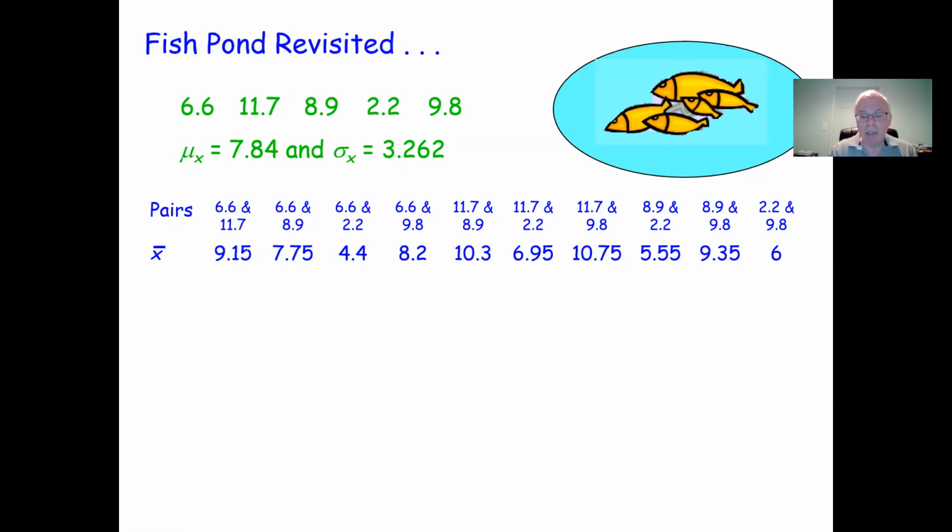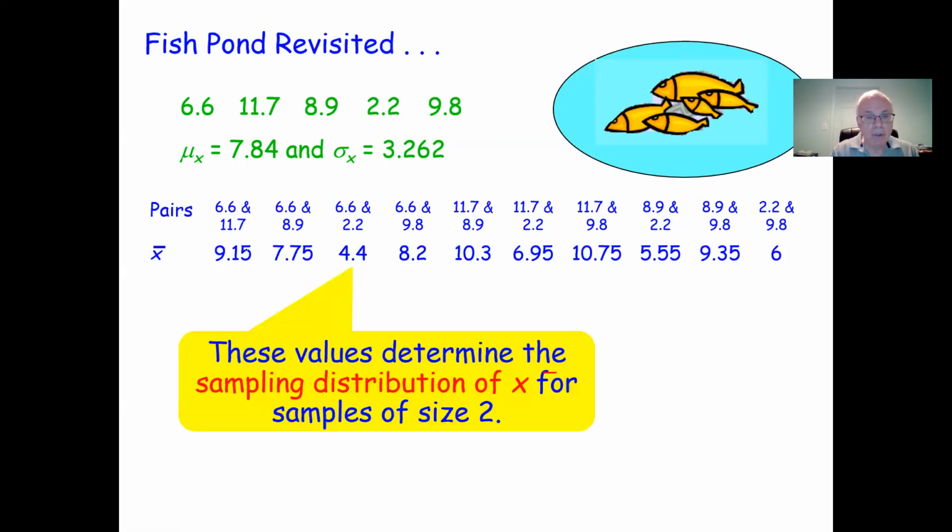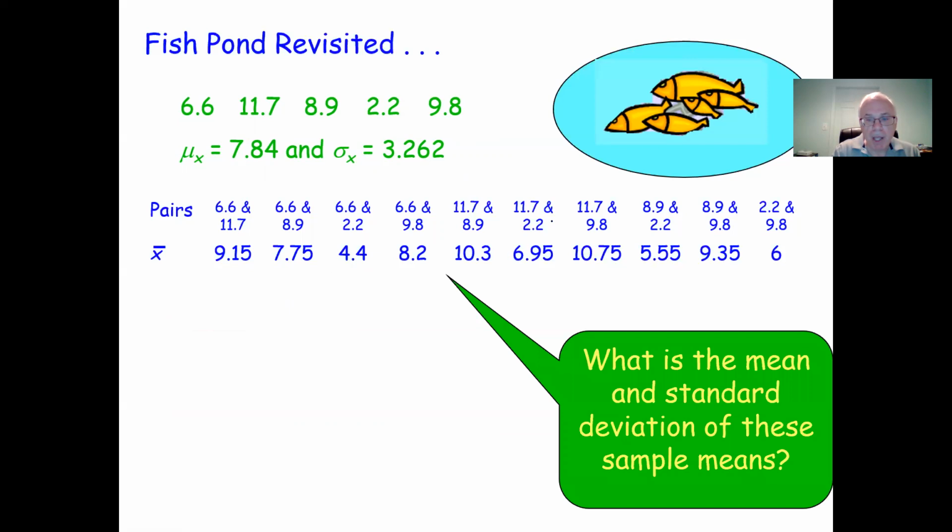Now here's the big deal. This is the sampling distribution of sample means, these 10 sample means. What is the mean and standard deviation of these sample means?